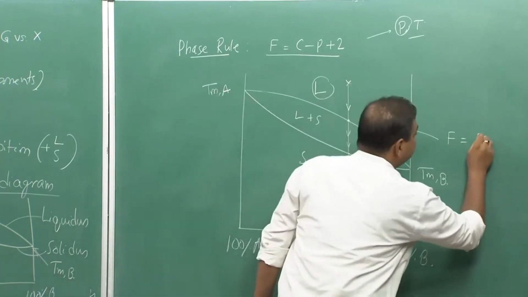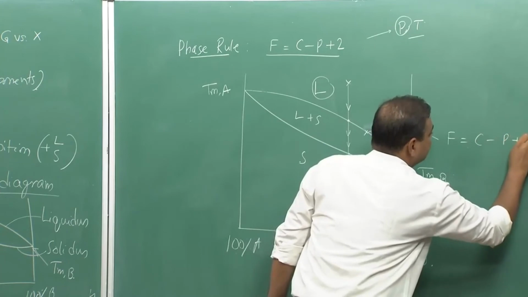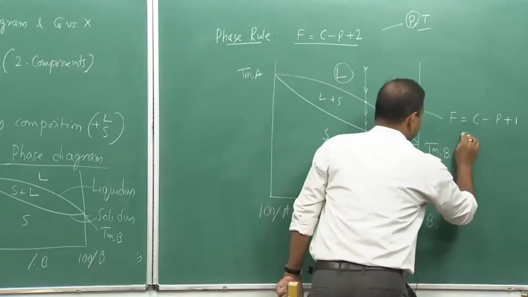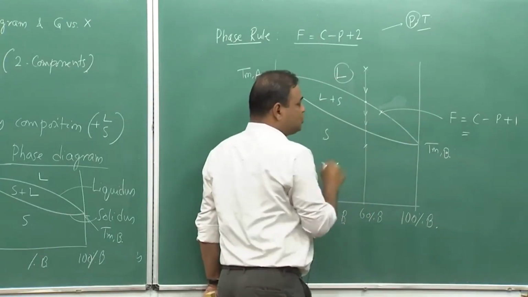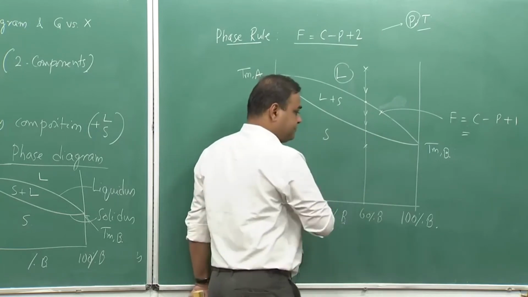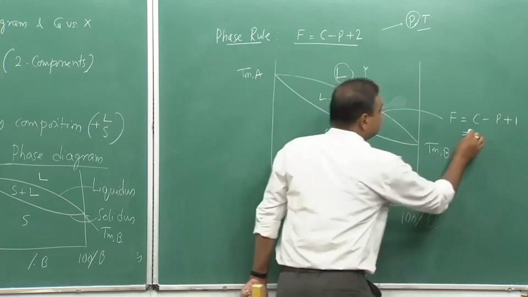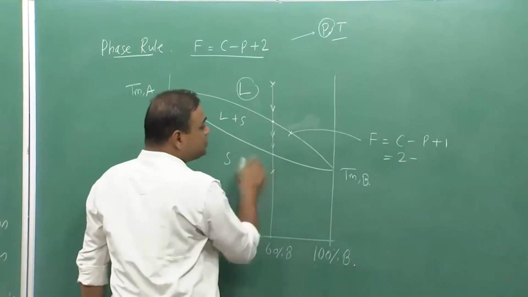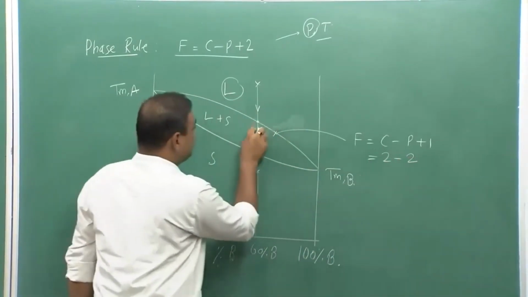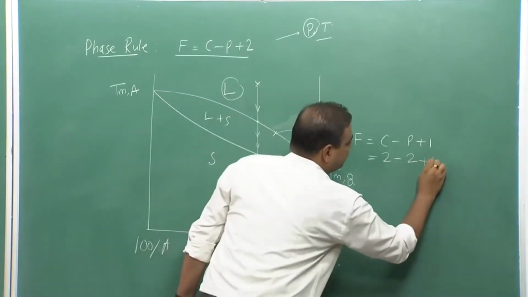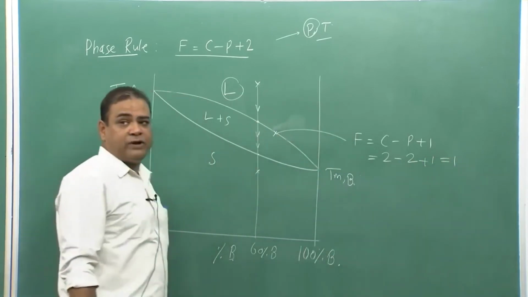So now this would be C minus P plus 1, and here there will be 2 components, which we have already decided, A and B. So 2, and phases would be 2 because liquid and solid, plus 1, equal to 1. What does it mean?